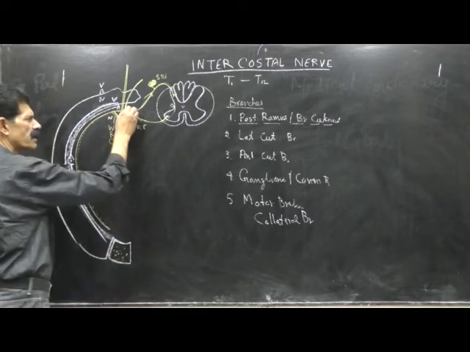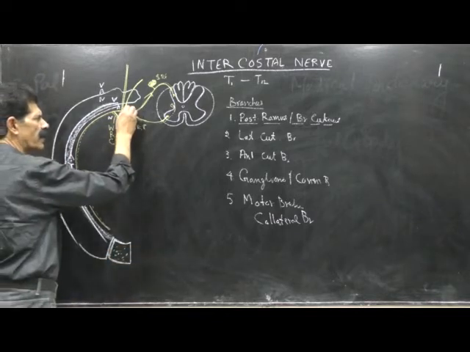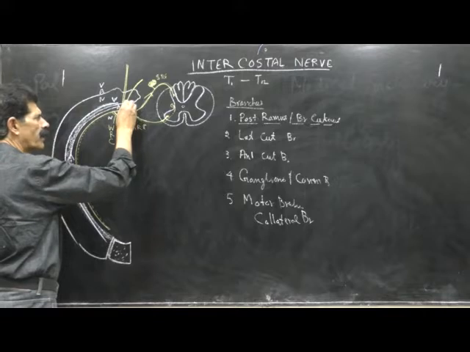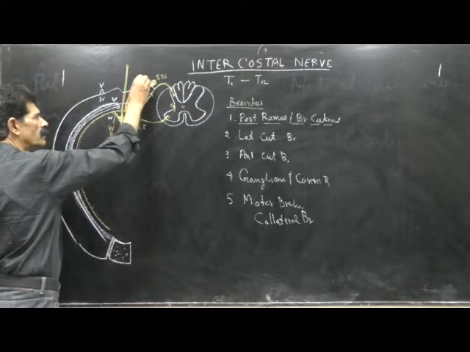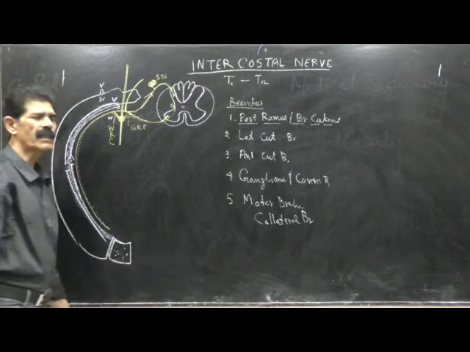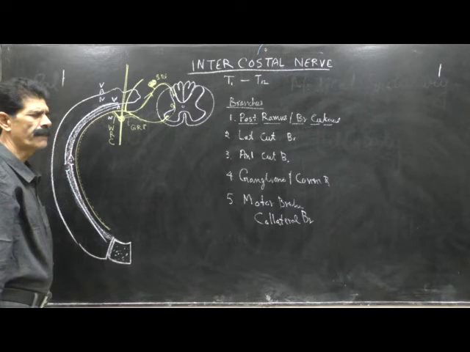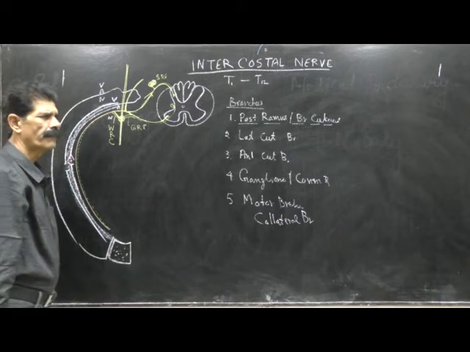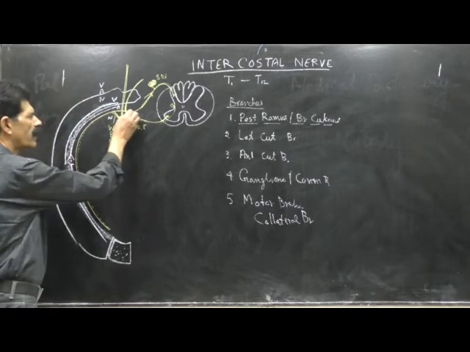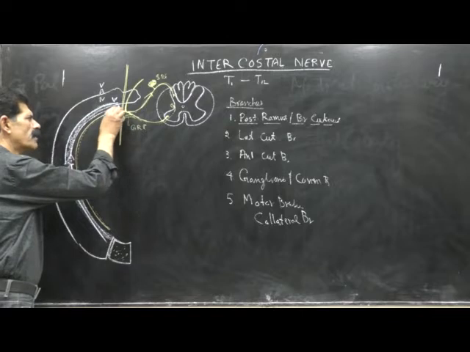So from this thoracic spinal nerve, from T1 to T12, a branch goes posteriorly, and this is called the posterior ramus, or dorsal ramus, of the thoracic spinal nerve, and the rest comes anteriorly.